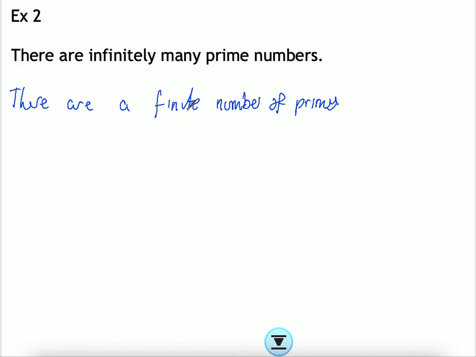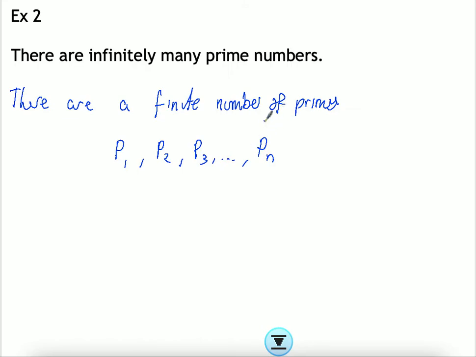What's it mean for something to be finite? It means we could list them. So if we start listing the prime numbers, the first prime number, the second prime number, the third prime number, the last prime number, we don't know what it is, so we're going to call it P subscript n.